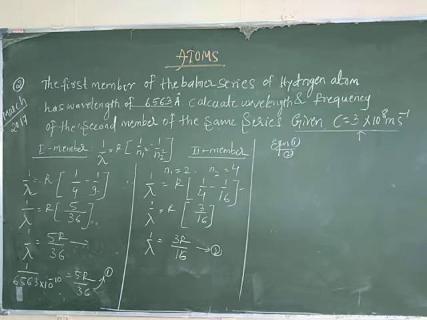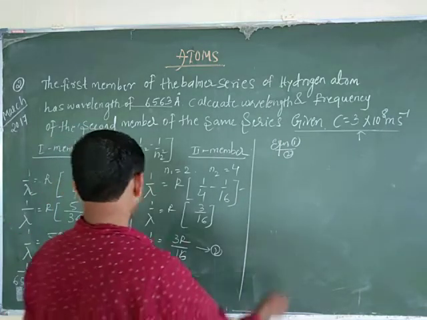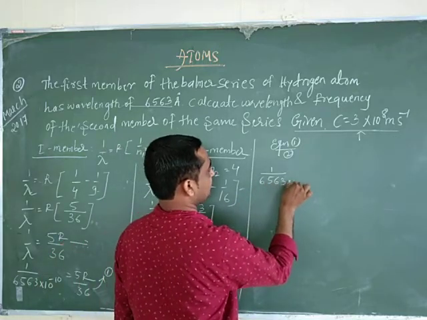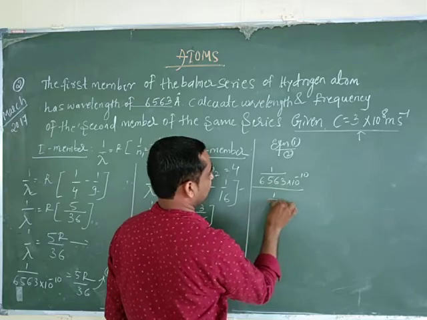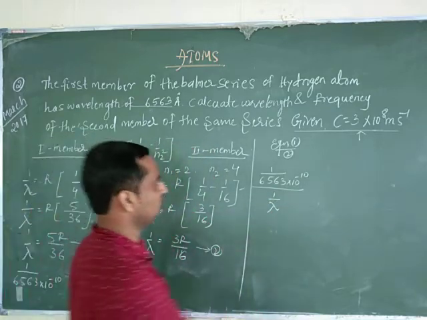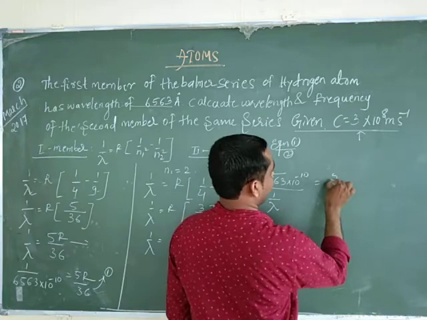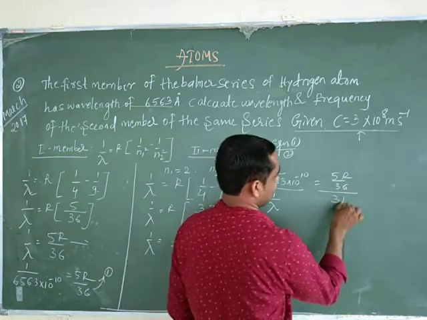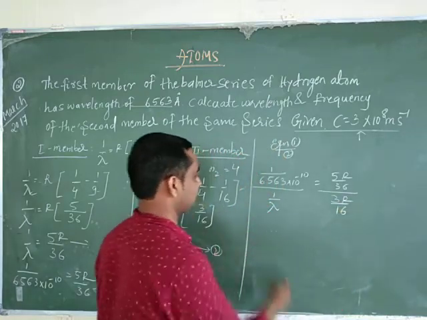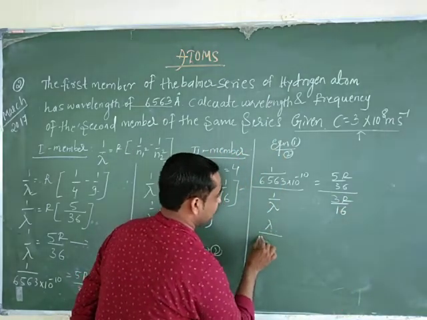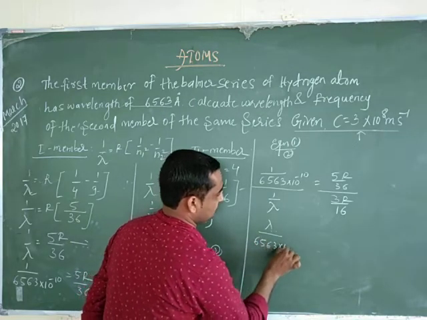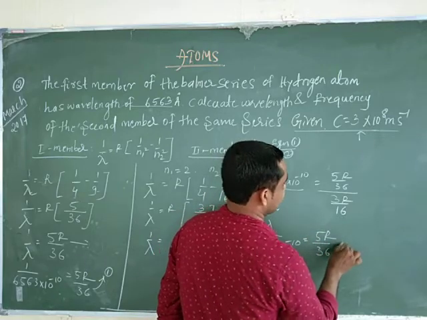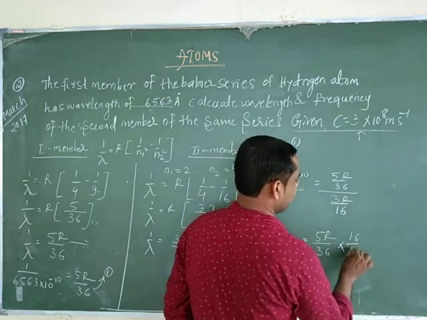Now, dividing this equation by this equation, that is 1 divided by 6563 into 10 to the power minus 10 divided by 1 by lambda, this is equal to 5R by 36 divided by 3R divided by 16. So this goes to the numerator: lambda divided by 6563 into 10 to the power minus 10 is equal to 5R divided by 36 into 16 divided by 3R.